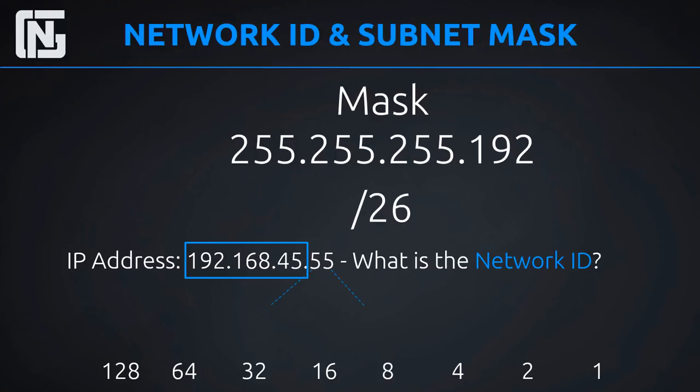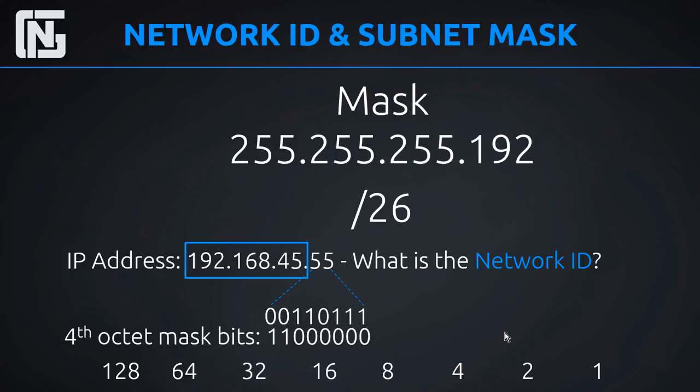All right, so let's figure out what that dot something is. Let's look at the 55 in binary. So what is 55 in binary? That's what we get there for our 4th octet. And now we can compare this with our subnet mask, which remember just has these first 2 binary bits reaching into the 4th octet. So the 4th octet mask bits are 1, 1 here. So we can know that everything after that is a host bit and everything before that is a subnetting bit.